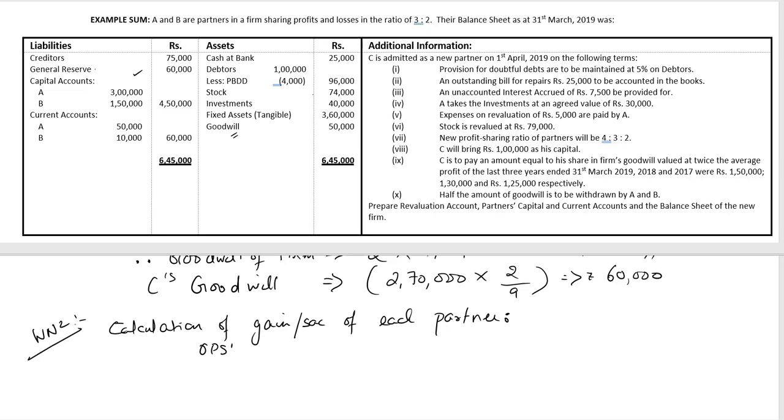We have the old profit sharing ratio between A and B as 3:2, and the new profit sharing ratio between A, B and C is equal to 4:3:2.